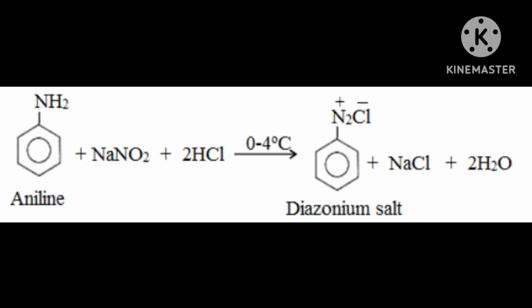Now come to the chemical reactions. The reactions of diazonium salts can be broadly divided into two categories.